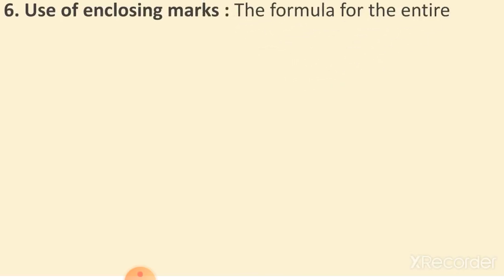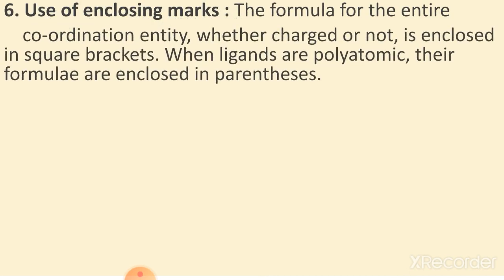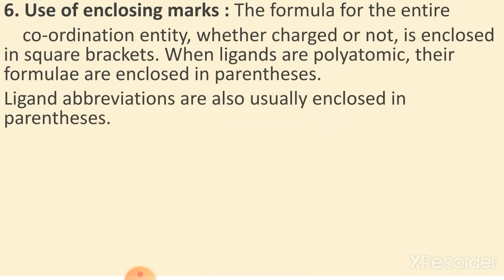Now students, next, the use of enclosing marks. The formula of the entire coordination entity, whether charged or not, is enclosed in square brackets, which is known as the coordination sphere. When ligands are polyatomic, their formulas are enclosed in parentheses, that is, for ammonia you have to write a small bracket, but for Cl no bracket is required. Ligand abbreviations are also enclosed in parentheses. Here the small bracket is known as parentheses. Look at the example: NH3 is a polyatomic formula, so you have to put parentheses, that is small brackets.